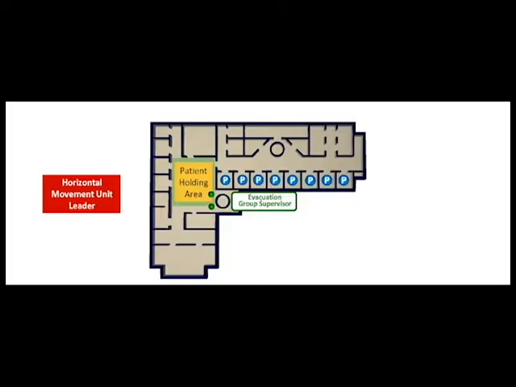The horizontal movement unit leader is responsible for overseeing horizontal movement teams that directly move patients from their room or location to a pre-designated patient holding area on their particular floor. The horizontal movement team ensures continuity of care until the patient is turned over to the staff in the patient holding area.